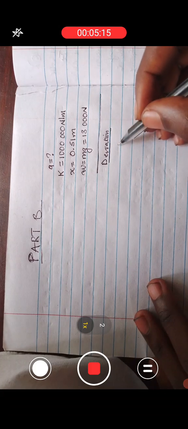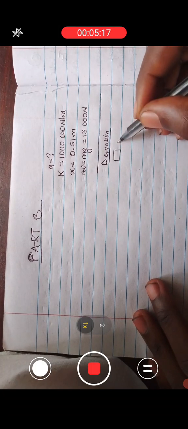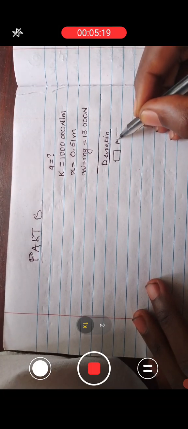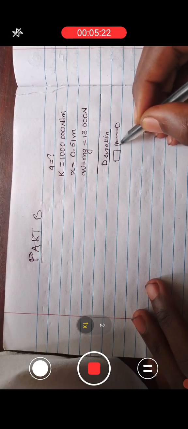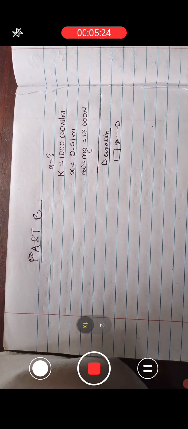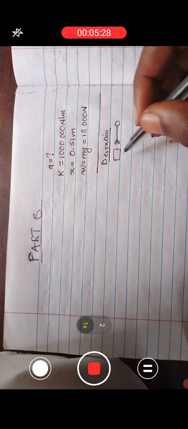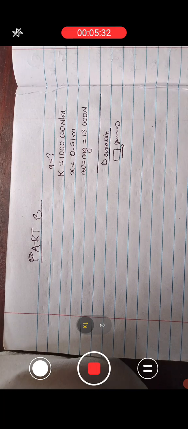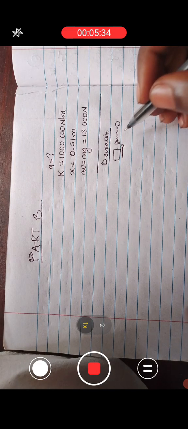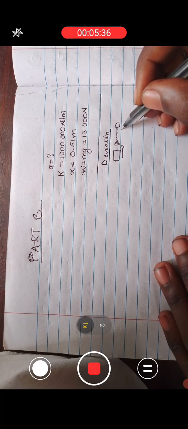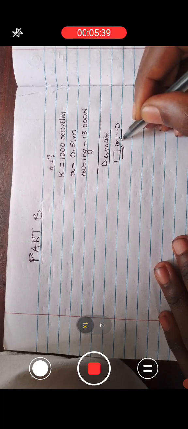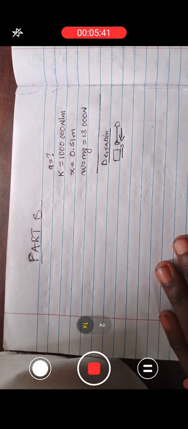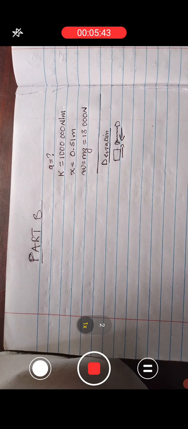So let's say this is the car and this is the spring. When the car hits the spring, two forces are produced. We have one, the force with which the car pushes the spring. Also we have the force which goes in the other direction, which is known as the restoring force, as we talked about.